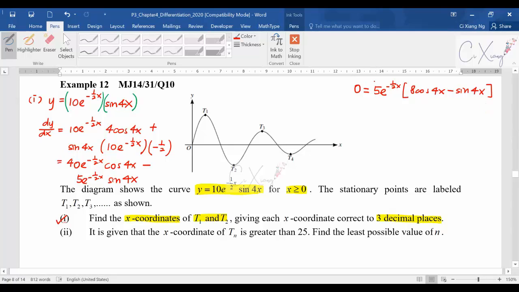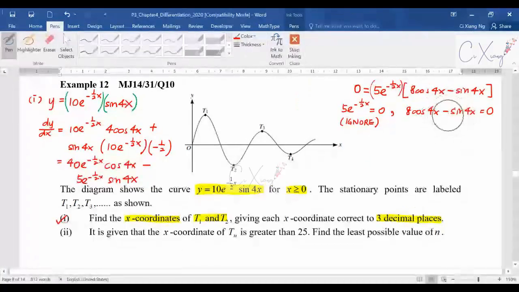Again, this is one bracket, this is another bracket. So when you let it equal to 0, you solve: 5e negative half x equals to 0, and 8 cos 4x minus sine 4x equals to 0 as well. If you try to solve the first one, you can take ln both sides, but no matter how, you will get a math error eventually. So you have to ignore this part. There's no answer from this part.